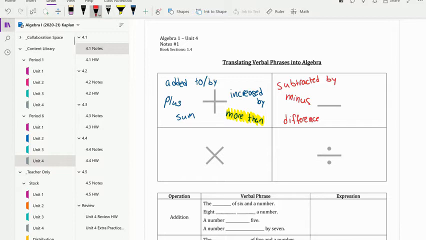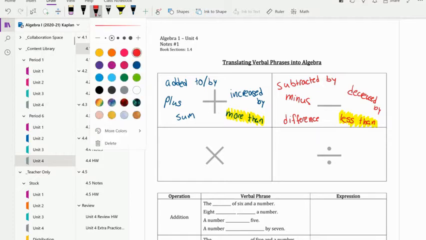Very good. We've also got decreased by, which means subtraction, or less than. And I'm going to highlight less than again, just like I highlighted more than, because in just a moment, we're going to talk about how that one's a little bit backwards. And you'll see what I mean here in just a second.